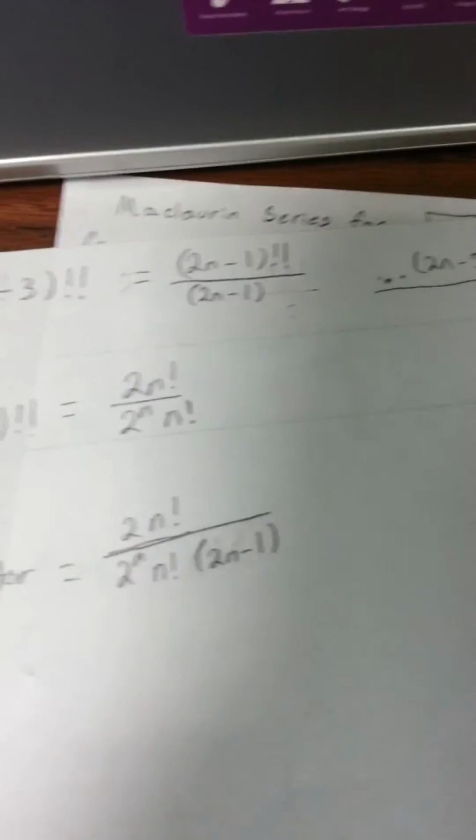In fact, this can be further simplified into 2n factorial over 2 to the n power times n factorial. And when you put all of that together, remember this only takes care of this, so then you multiply it by this part right here in the numerator.